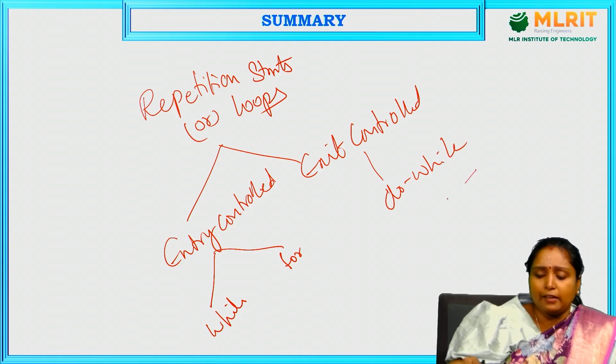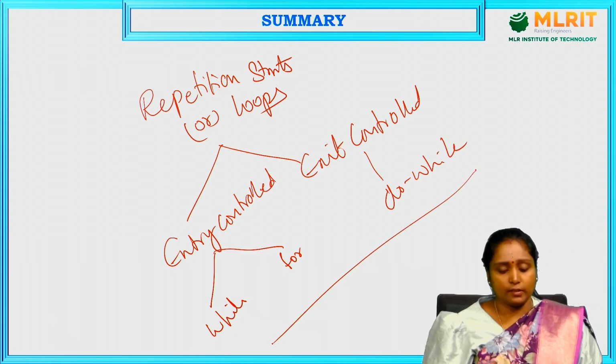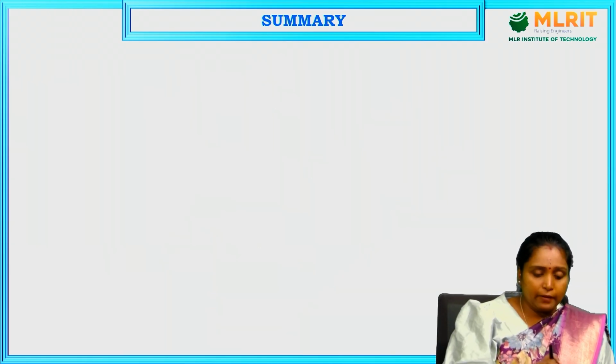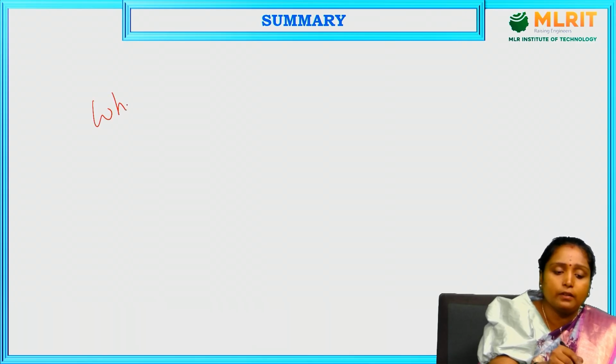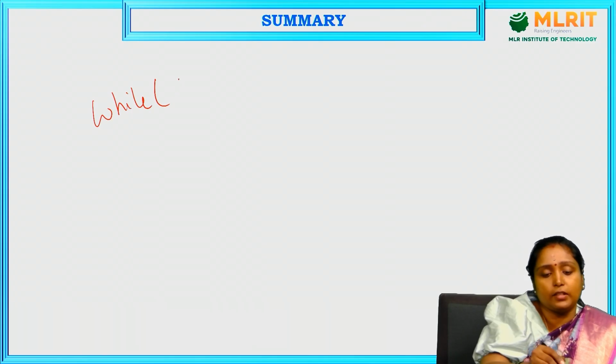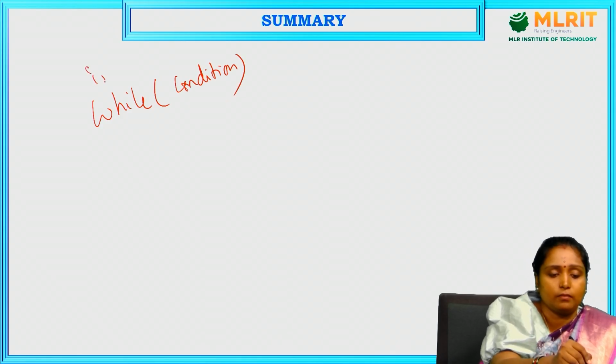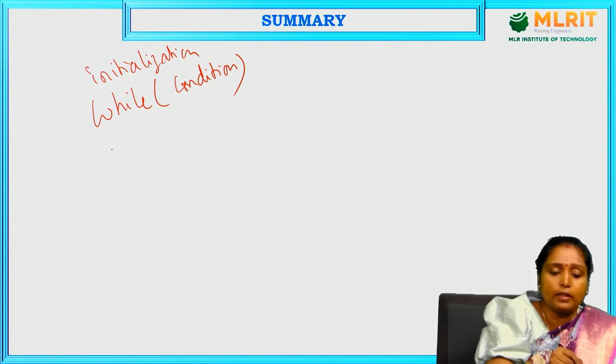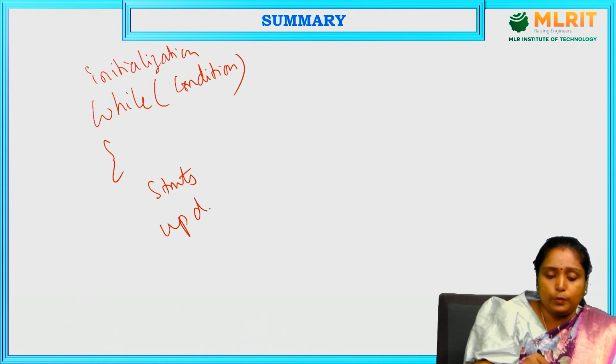So the task of these three is to repeat the statements. Coming to the while loop, until the condition is true, it will execute the statement. Once the condition becomes false, it will come out of the loop.